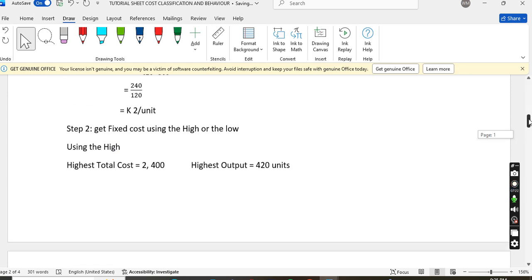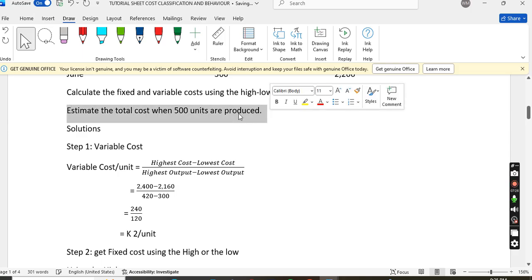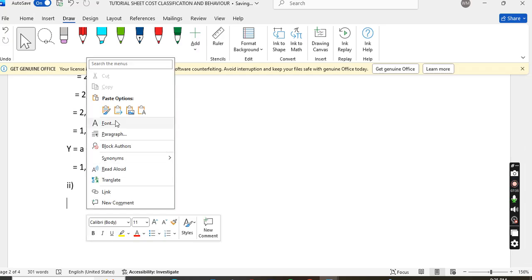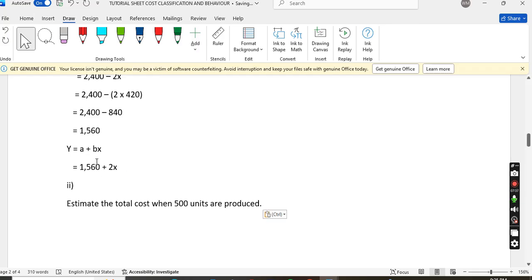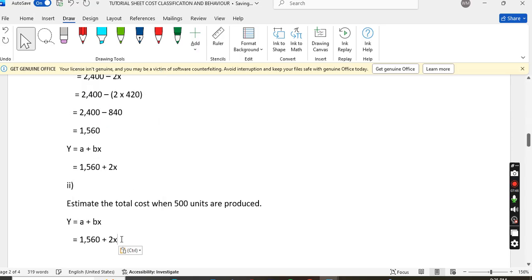Okay, so part 2 of the question says estimate the total cost when 500 units are produced. So we'll use our cost equation here to estimate. We're going to substitute x with 500.